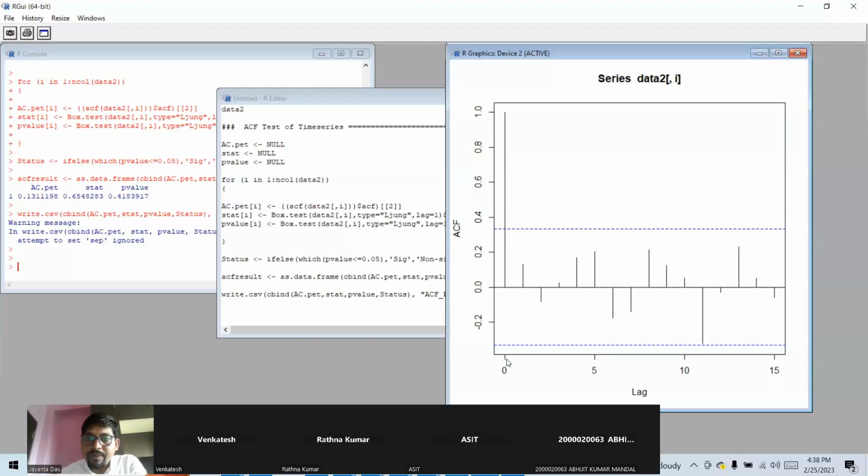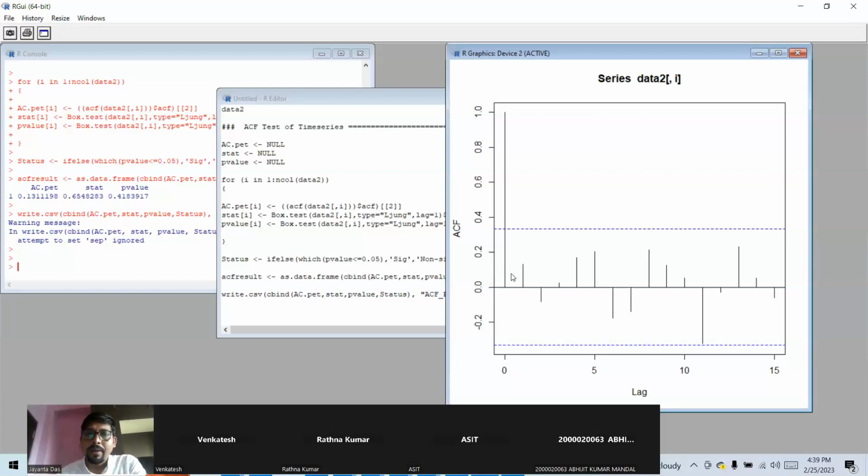At lag 0, definitely it will be 1, because it is comparing the data with itself, so the correlation is 1.